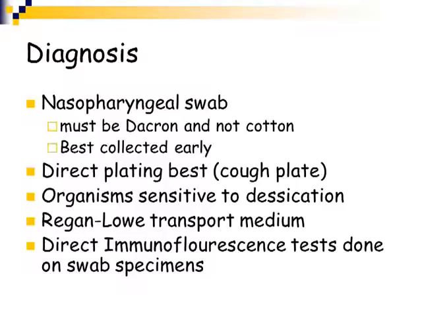If the specimen is collected using a swab, you would want to use the appropriate transport medium, such as Regan Lowe transport medium, to transport the swab from the doctor's office to the laboratory. You can do direct immunofluorescent testing on a swab specimen to look for the organism.